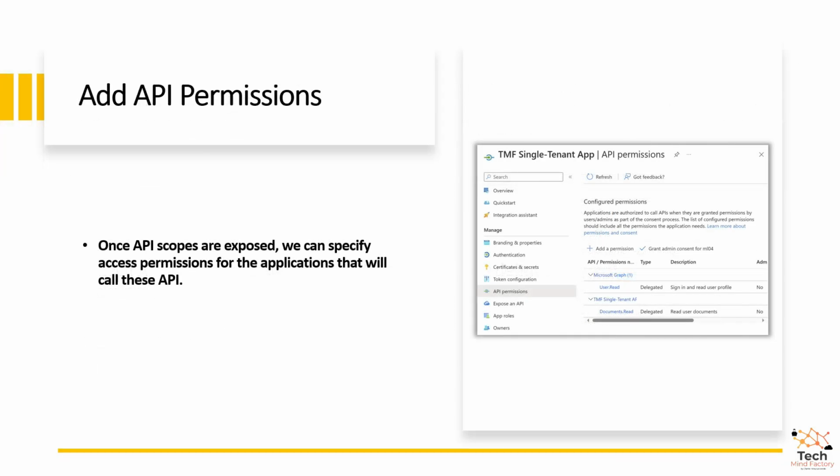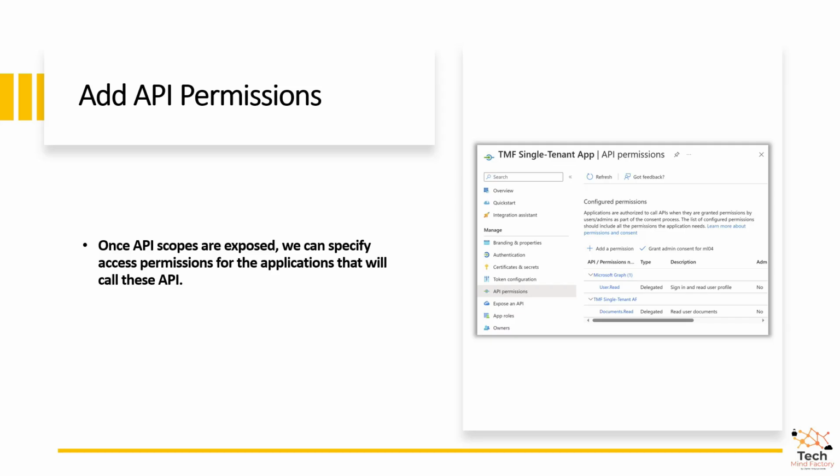All right. So once API scopes are exposed, we can specify access permissions for the applications that will call this API. Okay? So in this case, on the right side, we can see an application registration for a single-tenant application, right? So this is what we can see on the other side.